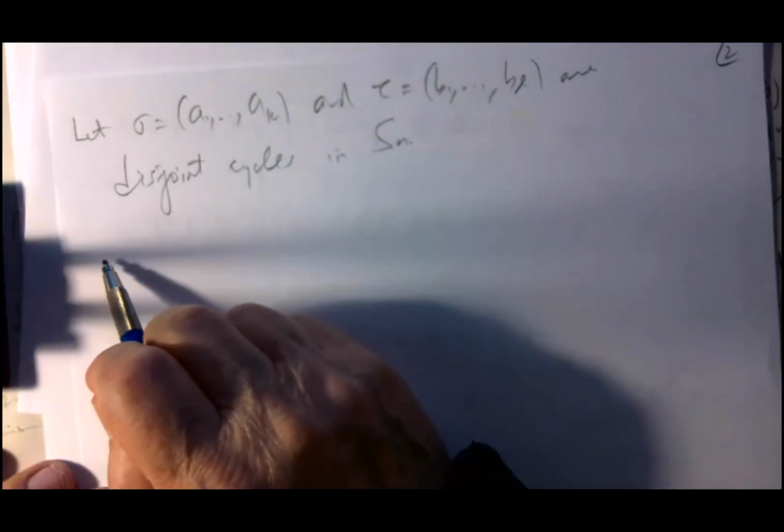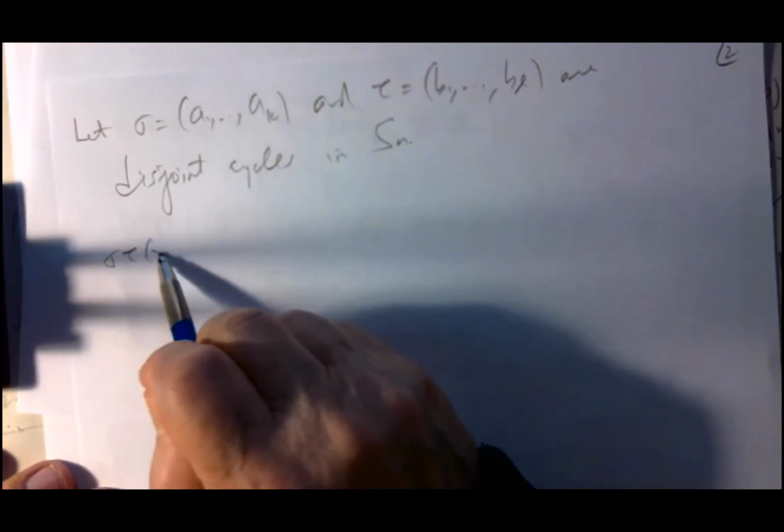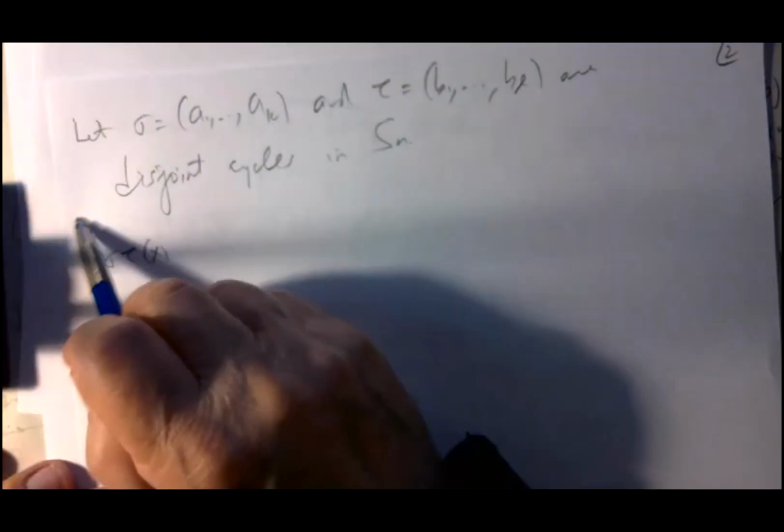So what is sigma tau of x? Well, there are three cases.